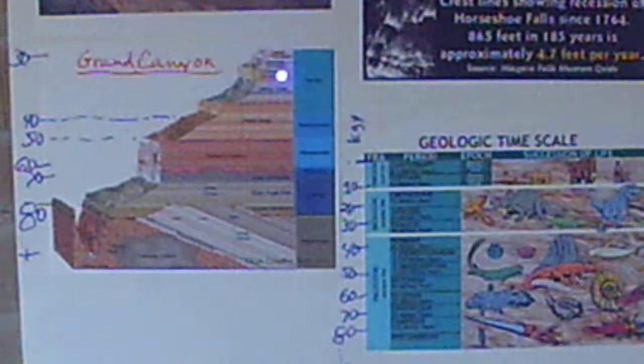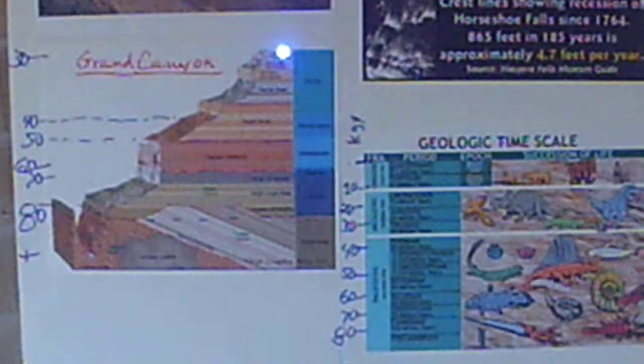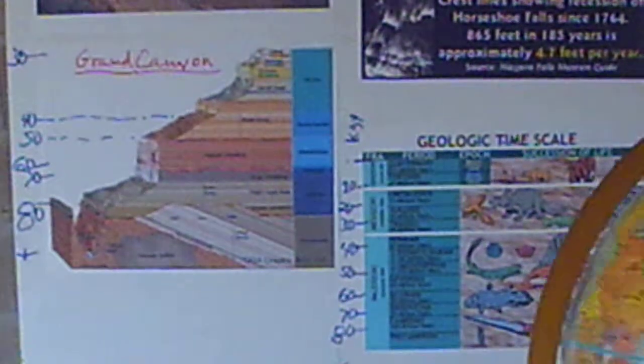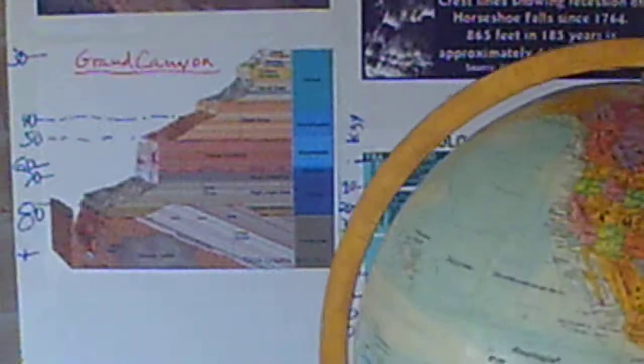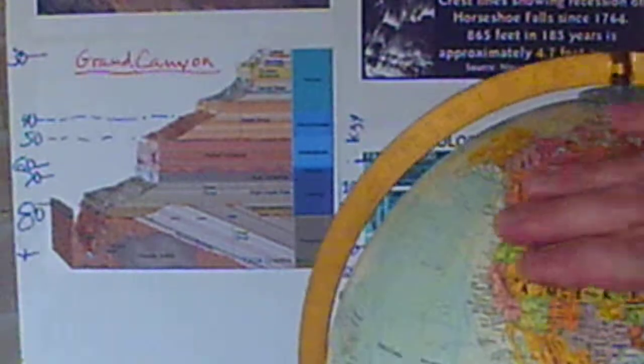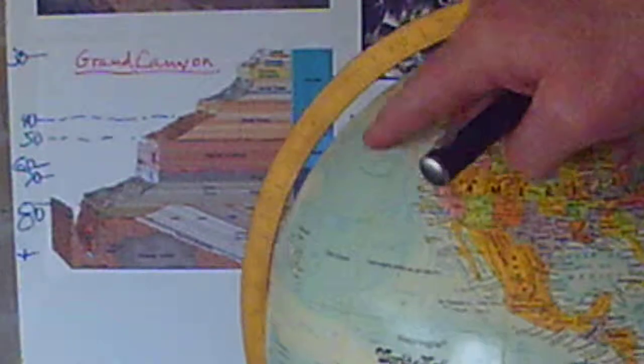Once it got to the top up here, at that point, the water got where it was just barely going across every time it went around and then one time, instead of depositing more layers, it started cutting through.